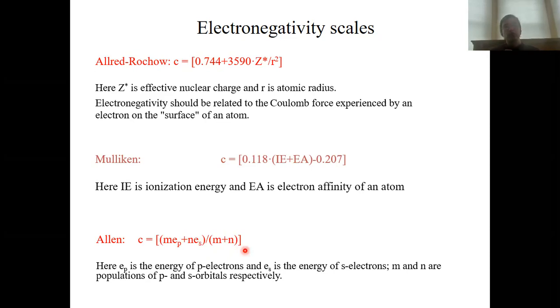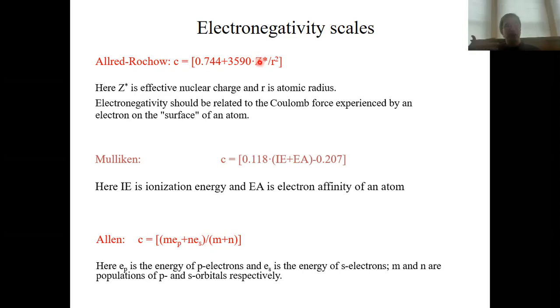We're not surprised that this also works, because orbital energies are related to ionization energies and electron affinities, and these are also related to the concept of the effective nuclear charge.